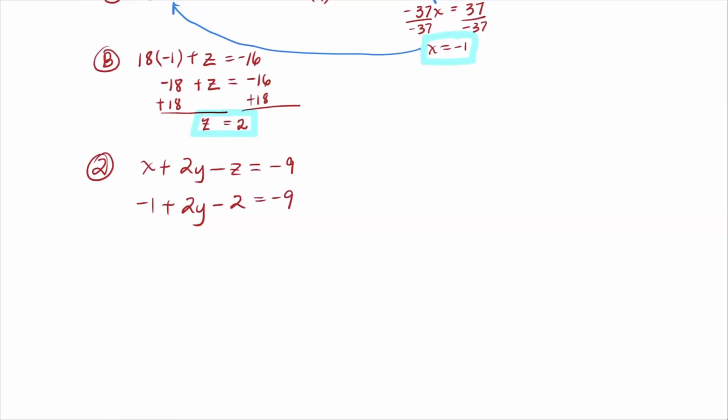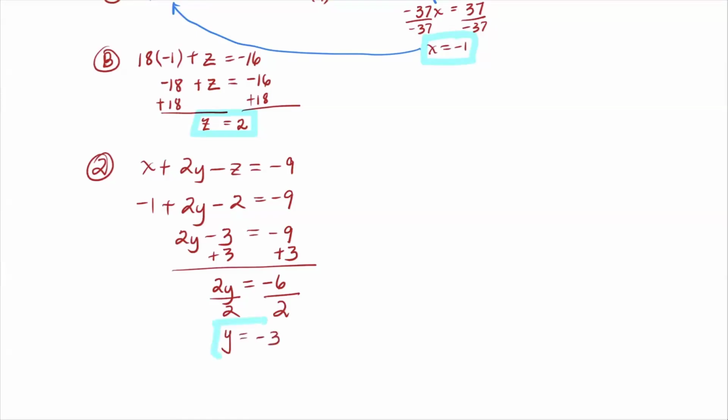So I have 2y minus 3, combining the negative 1 and the negative 2, equals negative 9. Then I can add 3 to both sides. So 2y is now equal to negative 6. Then if I divide both sides by 2, we get y equals negative 3.